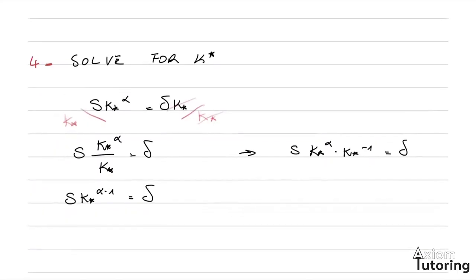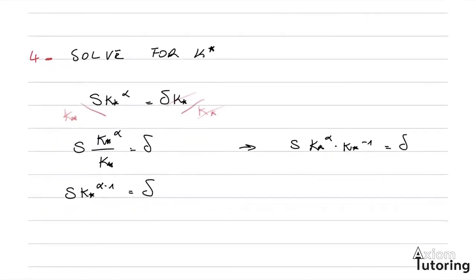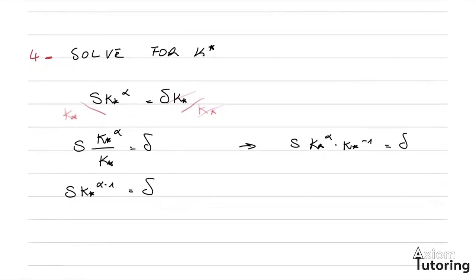Now, for rearrangement purposes, I am going to bring the K to the power of alpha -1 on the other side by dividing both sides by it.